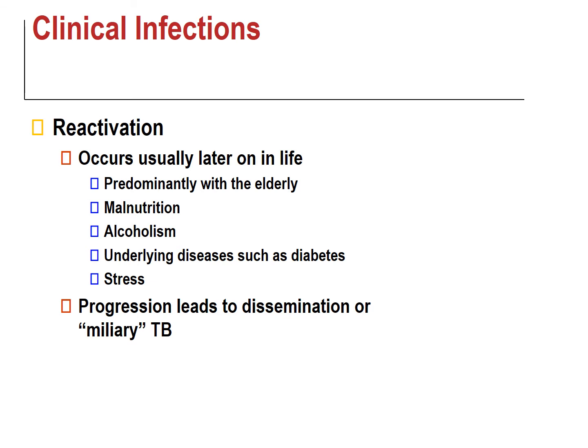Now, reactivation occurs usually later on in life, associated predominantly with the elderly and with factors such as malnutrition, alcoholism, diabetes, and even stress. Breakdown of the calcified granulomas leads to the clinical disease. Progression that leads to dissemination or miliary tuberculosis is most likely to occur in the immune-suppressed, that is AIDS patients, and in young children.